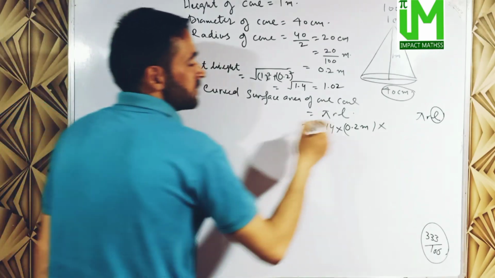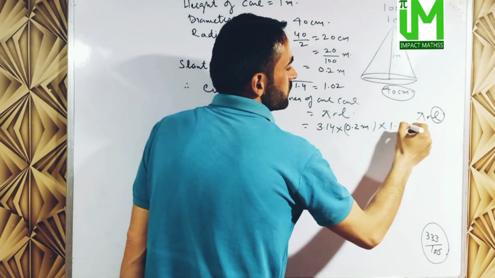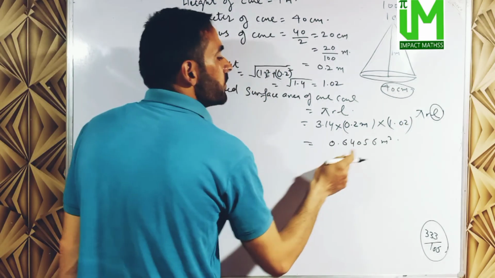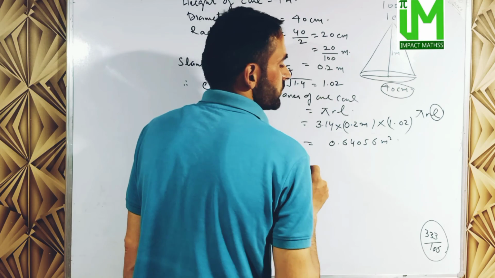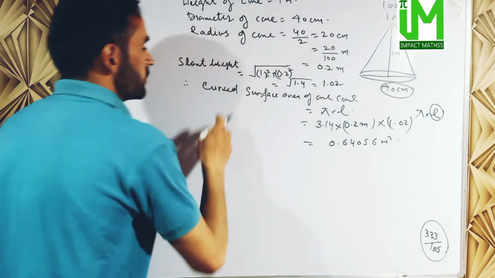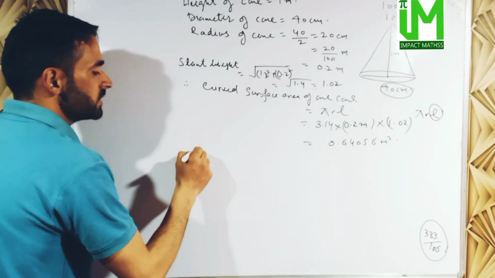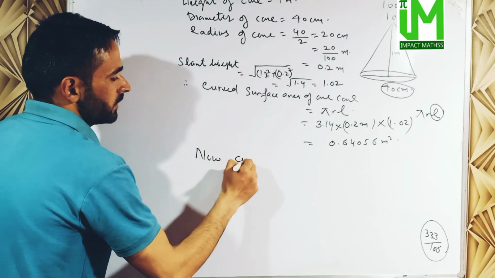That is the slant height. Simplifying, the value will be 0.64056 meter square, which is the curved surface area of one cone.